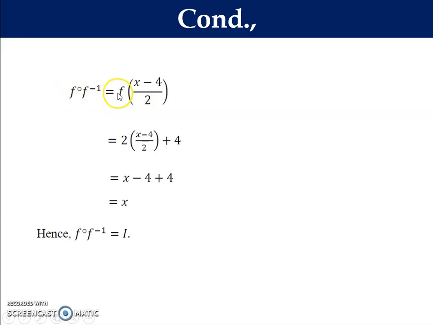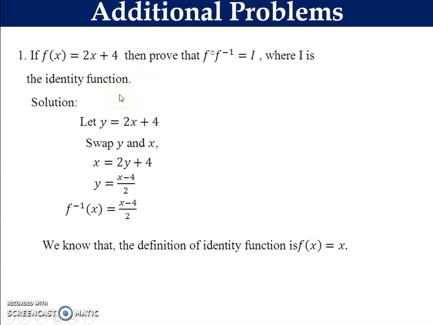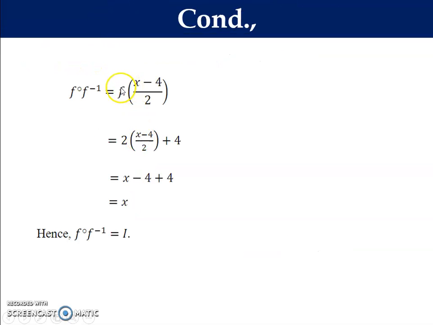Within the f we have to substitute f inverse. What is f of x? It is f of x equal to 2x plus 4. In 2x plus 4, I have to replace x as x minus 4 by 2. Now on simplification, finally we get x. So f composite f inverse of x is x. It is nothing but I.